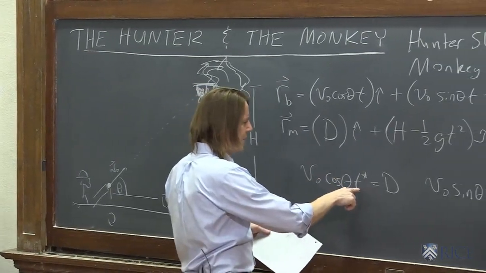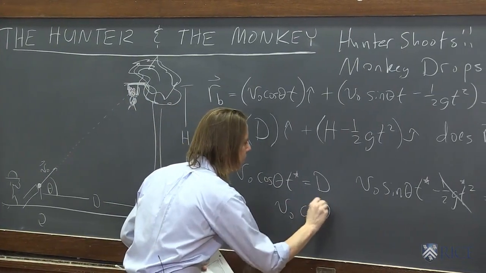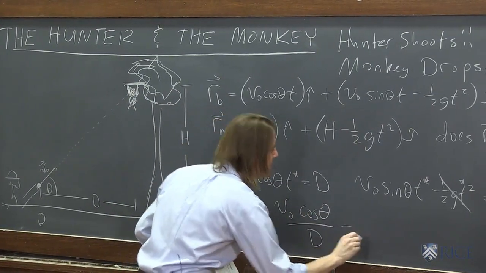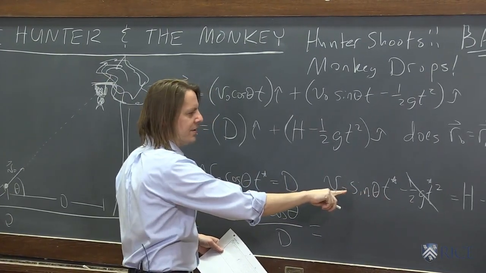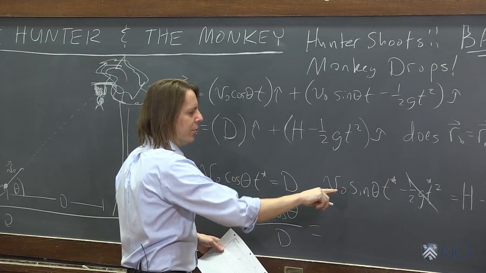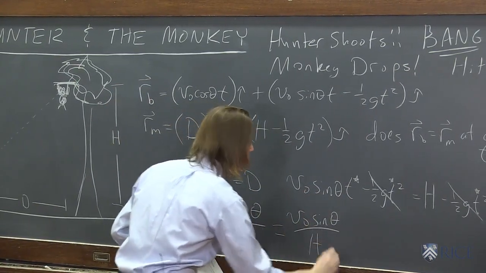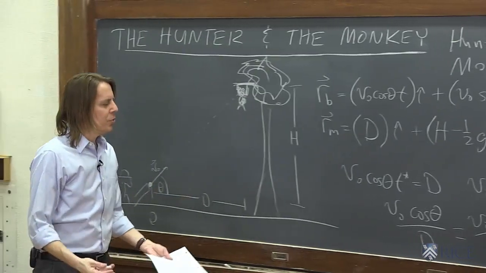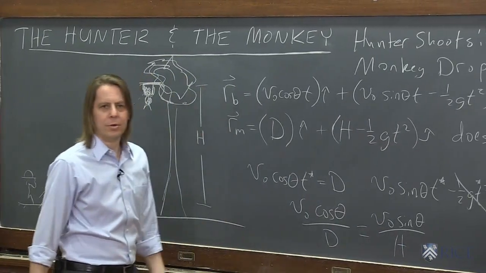If we solve this for t star, it would be d over v naught cosine theta. That would have to be equal to this t star, which is h over v naught sine theta. So really then, the answer is the hunter will hit the monkey if that is true.